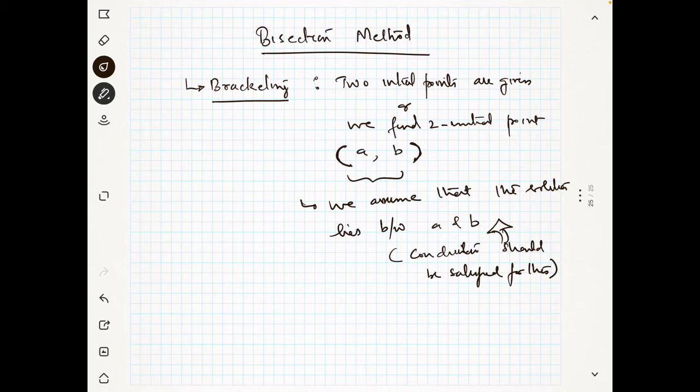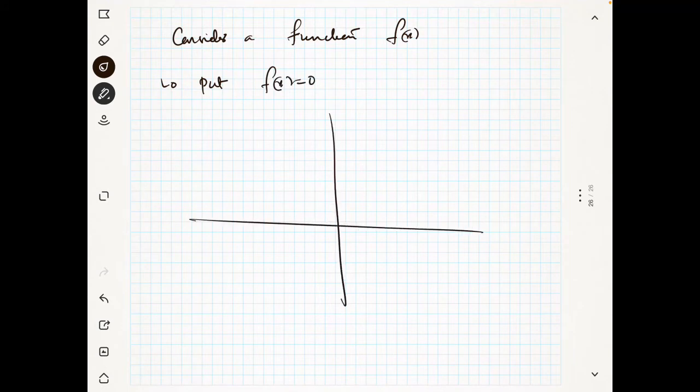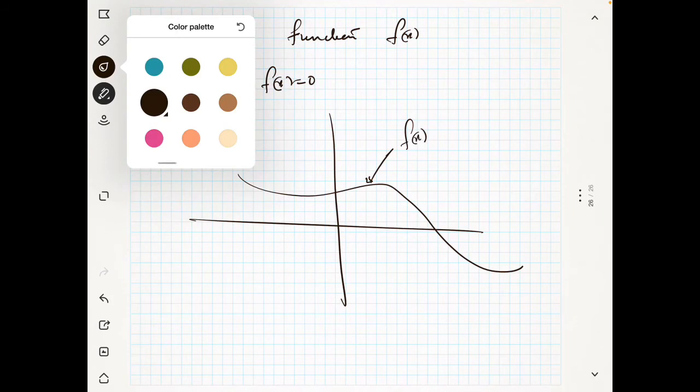Now we will see what will happen. Consider a function f of x. So first of all we will put f of x equal to 0. Let us assume that we have a nonlinear function which is going like this. This is our f of x, and we know where the solution is.